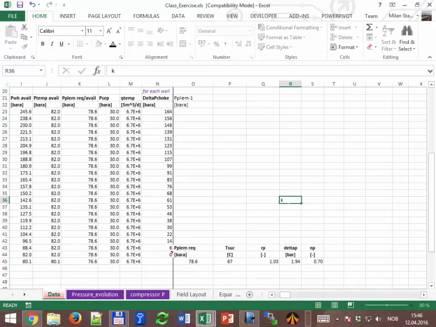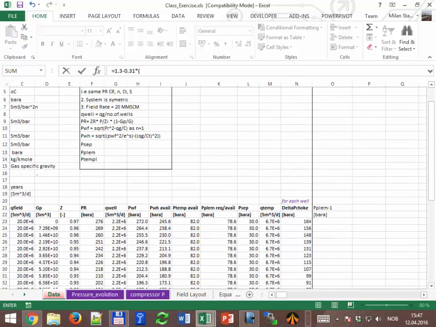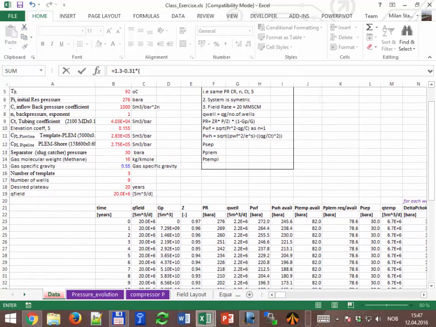So k, what was the expression? Cp over Cv, but we had one expression with molecular weight, which is a bit better to use: 1.3 minus 0.31 times the specific gravity, divided by 0.55.